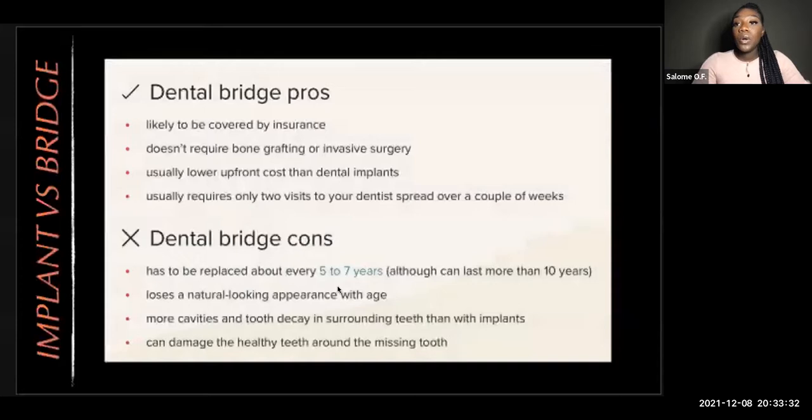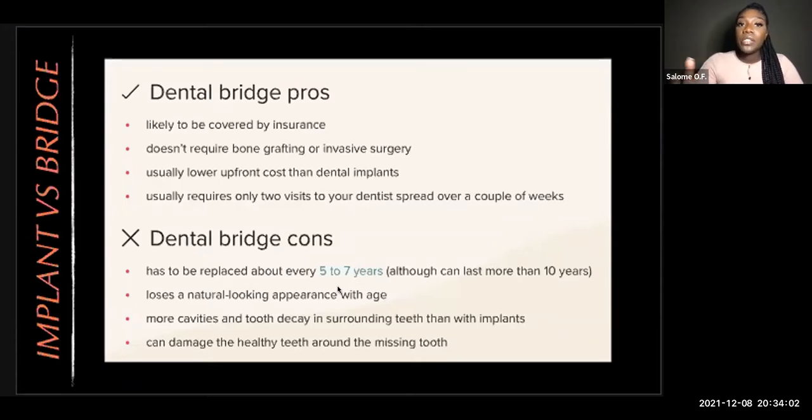So like I was saying, the pros and cons, or the advantages and disadvantages of getting a bridge: first, the benefit is that most insurance will cover the bridge. It doesn't require any bone graft or any surgery. When it comes to a bridge, the disadvantage is that you may have to disturb neighboring teeth that are healthy.